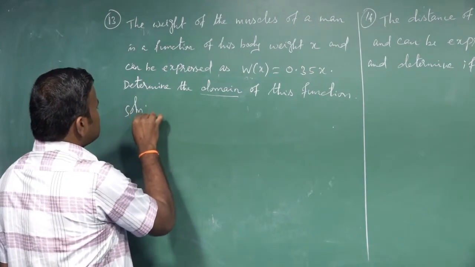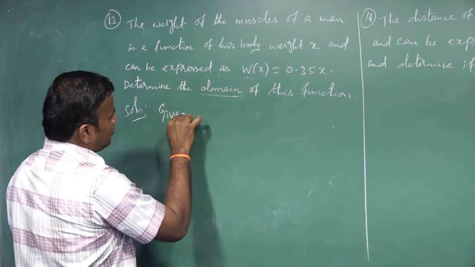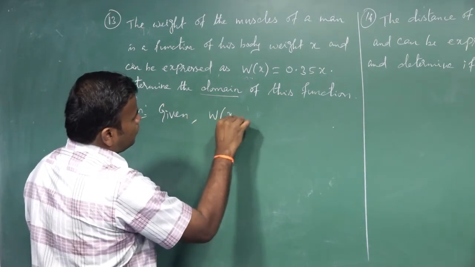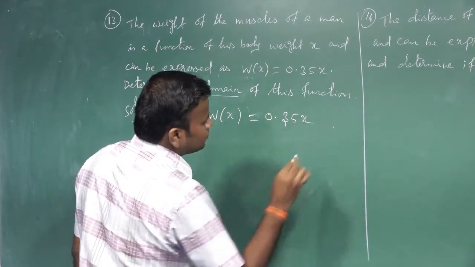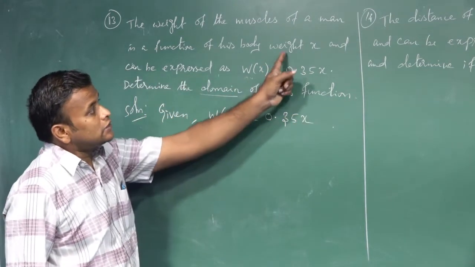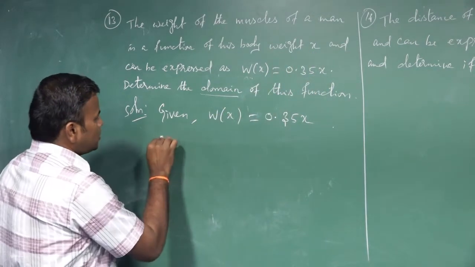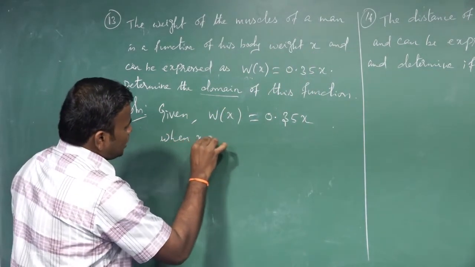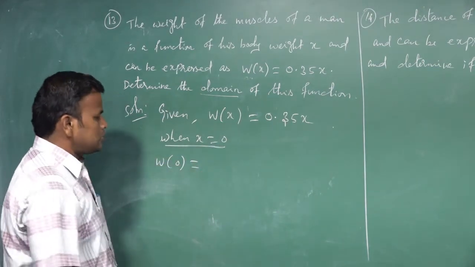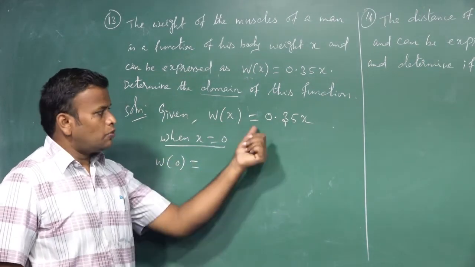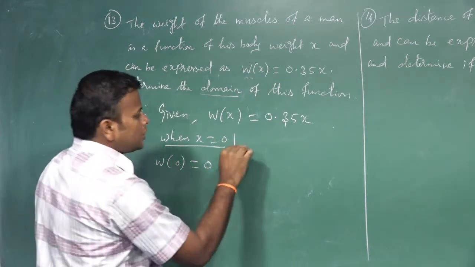Now we find the domain. Given W of x is equal to 0.35x, where x indicates his body weight. Suppose x is equal to 0, what is the value of W of 0? 0.35 into 0. 0 into anything is always 0.